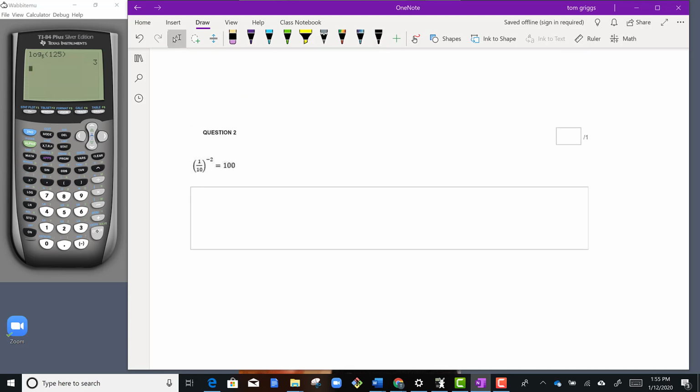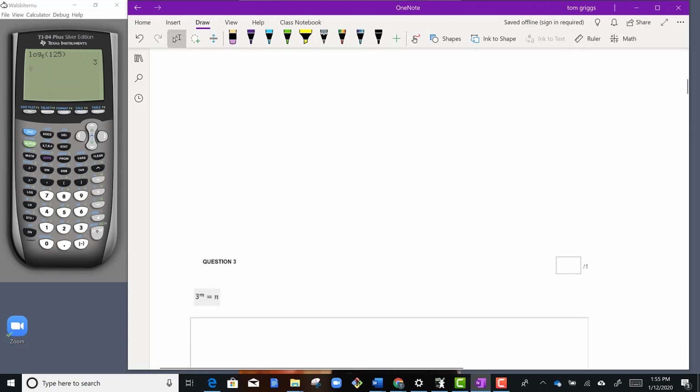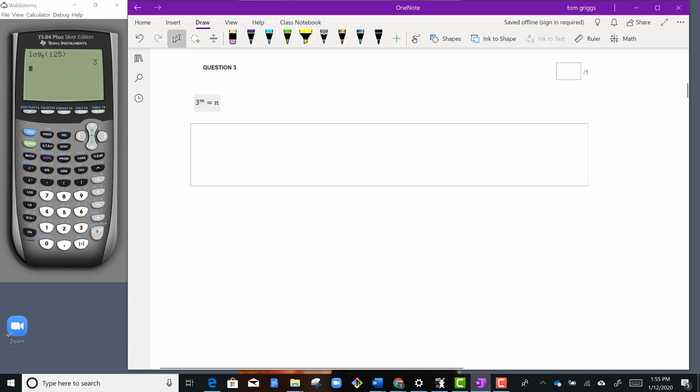Same thing, question 2. That's an exponential. I'll leave that one for you to convert to log form. Same exact idea. You got a fraction there, but same idea. Let's do this one, but really same idea. This is an exponential form. We just want to rearrange it so it's in log form.